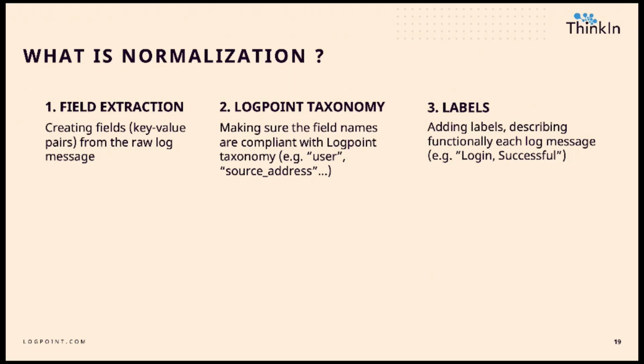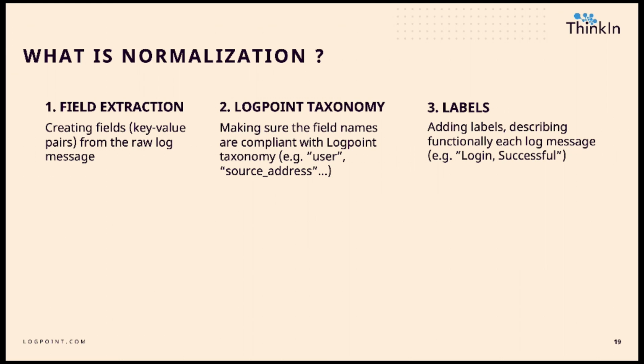Field extraction, so actually extracting fields from the raw logs. Logpoint taxonomy compliance, to make sure that the fields we extract are compliant with the field names that we expect. For example, in the Logpoint taxonomy, we have the user field, so it's not username, it's not user account, it's user. And the third point is labels.